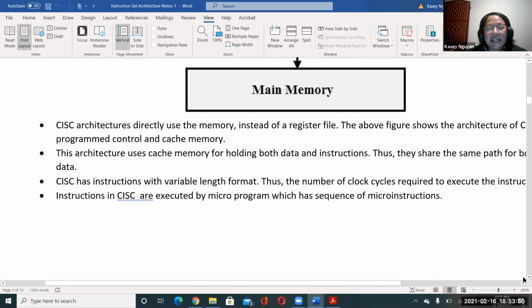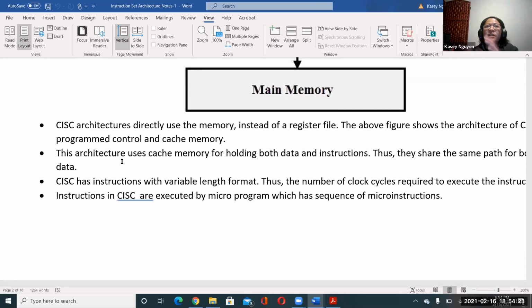So for CISC, it directly uses memory instead of a register file. RISC is what we're learning. LC-3 is RISC, reduced instruction set. Now CISC, which is more complex, would use the memory instead of the registers inside the processor. This architecture uses cache memory, and it holds data for the instructions.